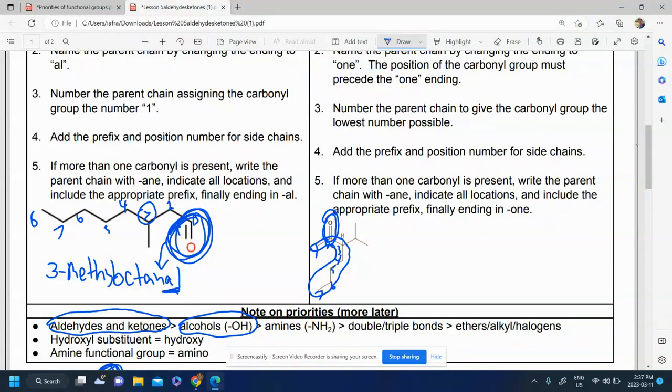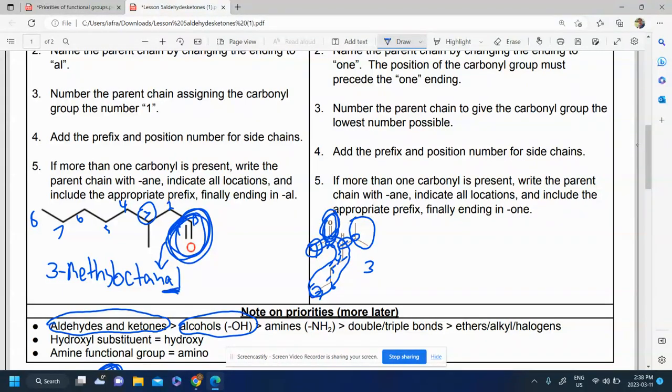Now, because this double bond O could really be in multiple places and not just at carbon 1, it can be here, here, here, here, here. We have to actually indicate where that carbonyl group is located, and I'll show you that in just a minute. For now, let's take a look if we have any substituents. We do. We have one on carbon number 3. This is a propyl group, but it's connected on the second carbon, so it's an isopropyl group.